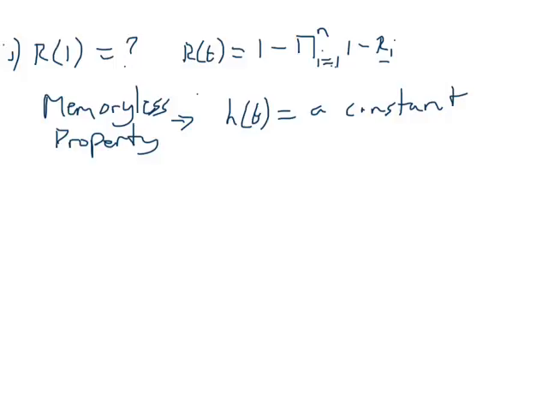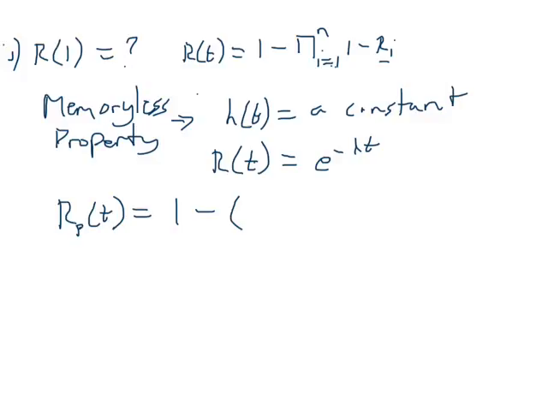So for this system, we know that both of our subsystems are exponential functions, and the r of t, the reliability function for an exponential function, is given by e to the minus lambda t. And we should have seen that a couple of times already. So our r of t for this parallel system is going to be equal to 1 minus, and now we're going to multiply together 1 minus the reliability function for each of the terms.